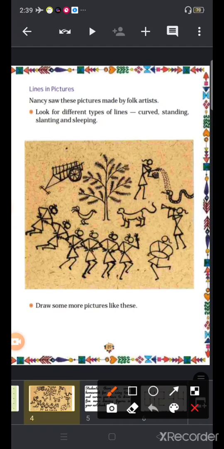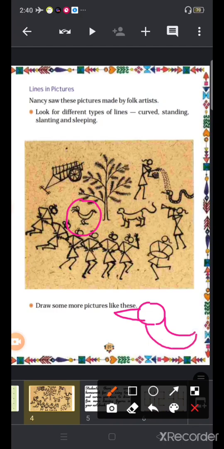If I want to draw this bird, first we'll draw this curve line and one more curve line. Okay, now here we'll draw two slanting lines for the beak. Okay, and here we can draw one curve line and one more curve line.